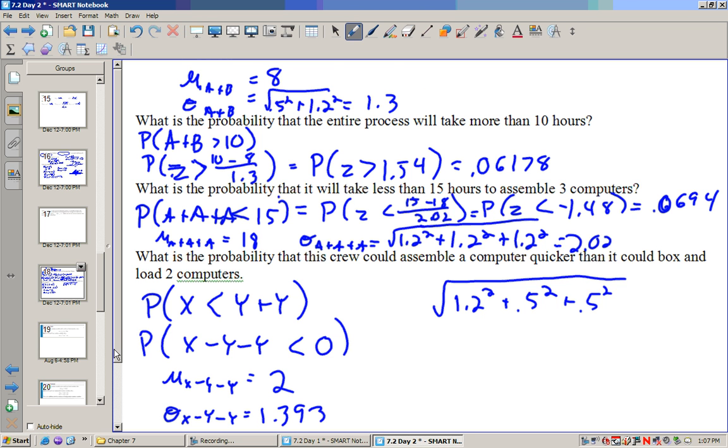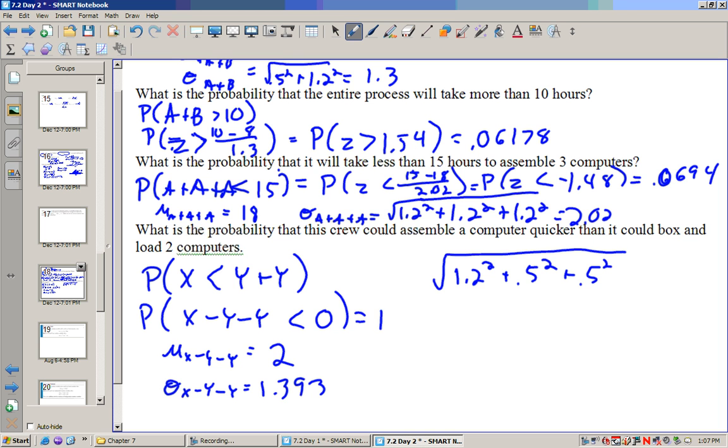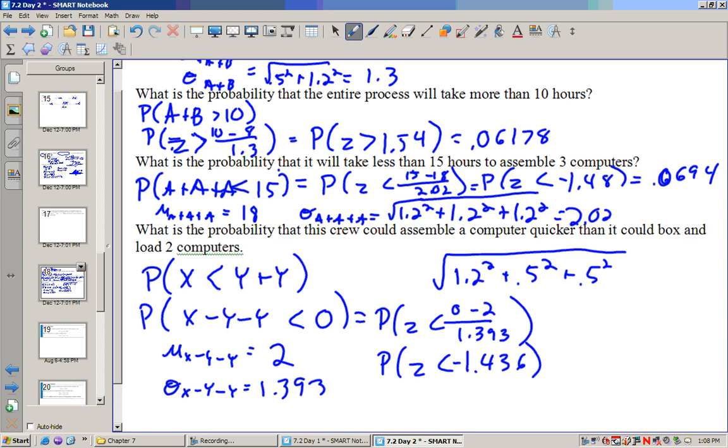Now to find this, it's the probability that my z-score is less than 0 minus 2 over 1.393, which is negative 1.435, maybe 1.436.